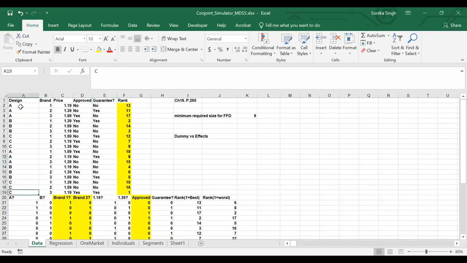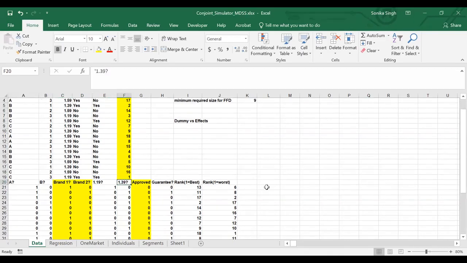So these are 18 designs that were given to the consumer, and the consumer has provided their rankings. For example, for this design, the rank is 13, and the most preferred is design number 18, that is design C with brand 3 and price of 1.19, approved yes, and guarantee yes.